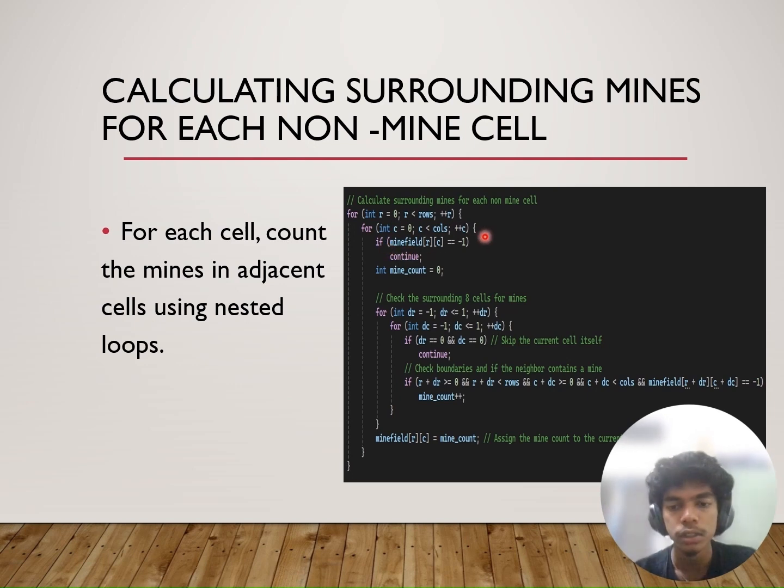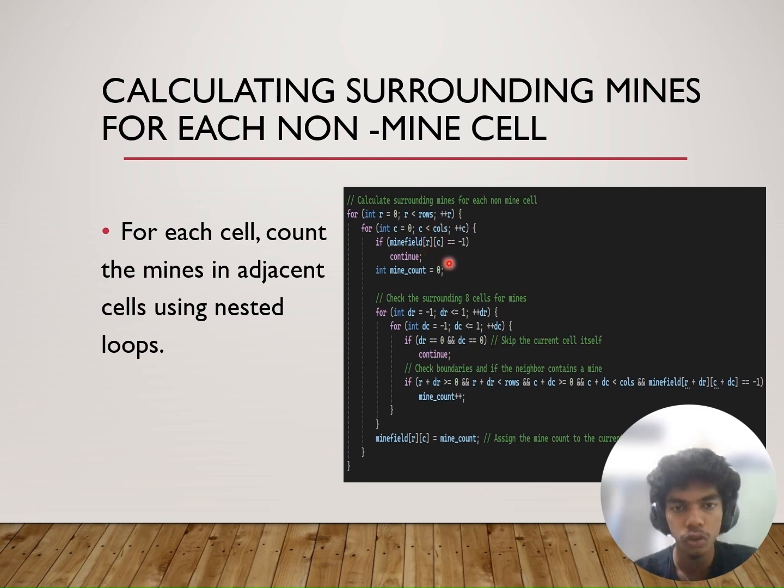So initially r is 0, c is 0, and then we just check if that current cell is -1, meaning we initialized the mines with -1. So if this cell is a mine itself, we are not supposed to calculate how many mines surround it. So in that case, we just use continue, which will skip this current iteration, and it will go to the next step where c becomes 1, for example.